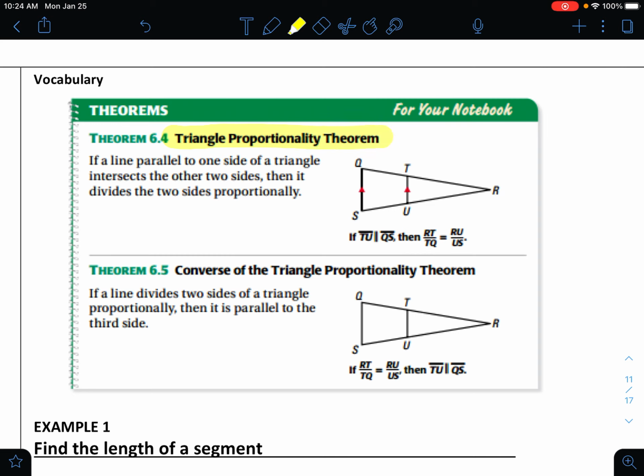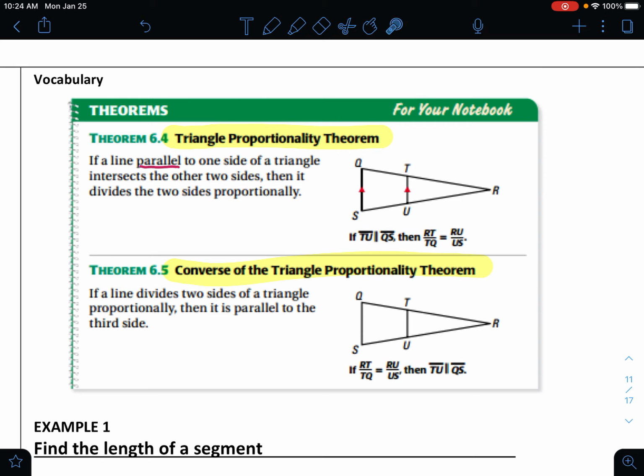All right, our first one is called the Triangle Proportionality Theorem, and then we have the converse of that theorem. So this first theorem says, if a line parallel to one side of a triangle intersects the other two sides, then it divides the two sides proportionally.